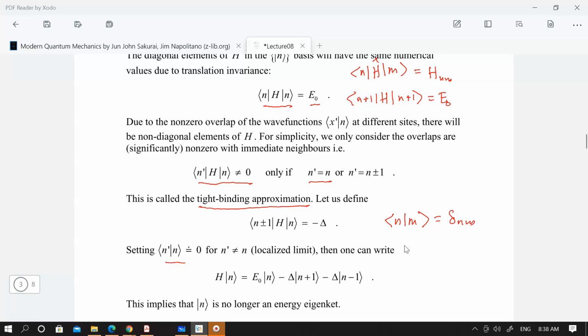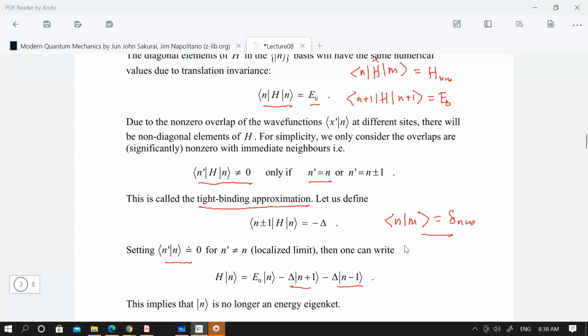Okay, or this condition. Okay, then one can actually show that your Hamiltonian acting on n is not just simply E naught times n, but it has all these off-diagonal elements here, given by this minus delta. Now, how do we actually show this?